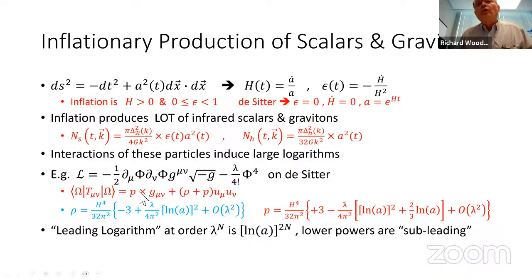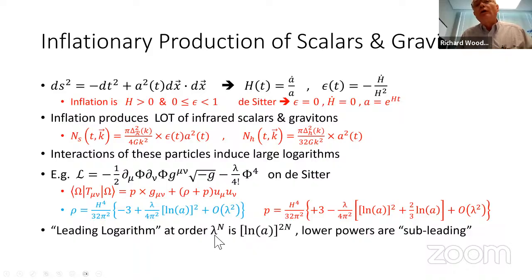It takes the perfect fluid form with pressure P and energy density rho. And if you explicitly do the calculation, the one loop term is easy. You have to work pretty hard to get the two loop contribution, the order lambda contribution, and you see that it has these logarithms. Actually, it has a logarithm of a squared and a logarithm of a.